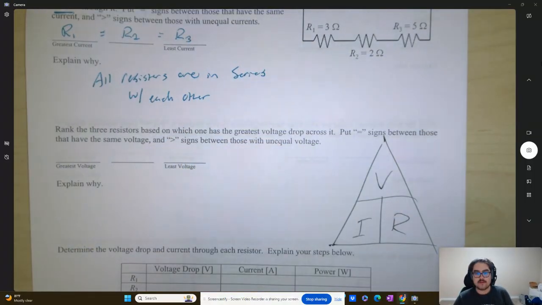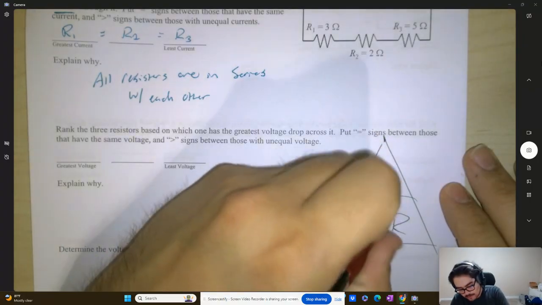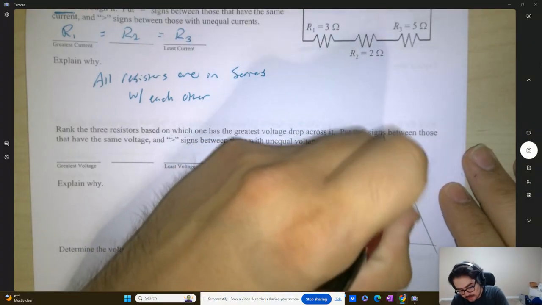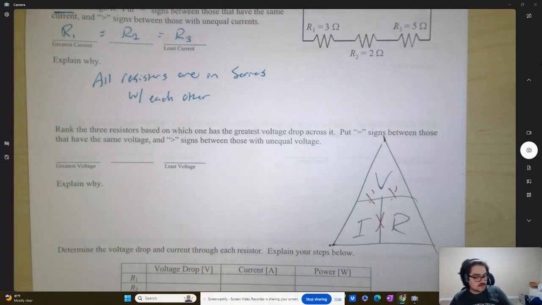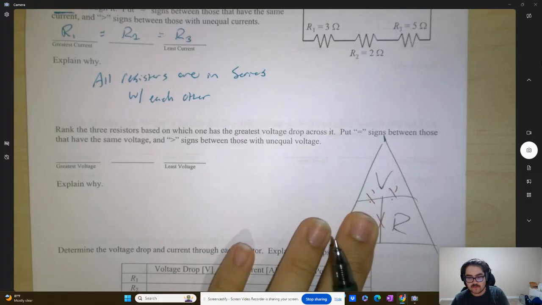You multiply across here and divide here and here to figure out what you're looking for. You cover what you're looking for, and then it tells you what the formula is going to look like.